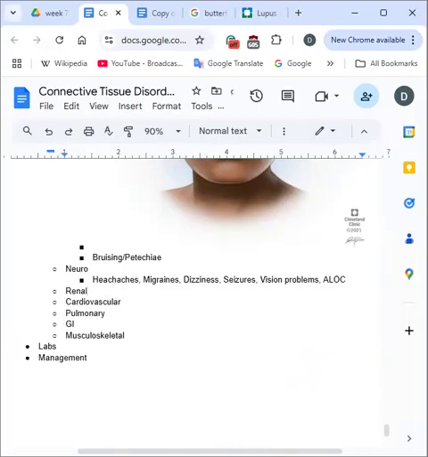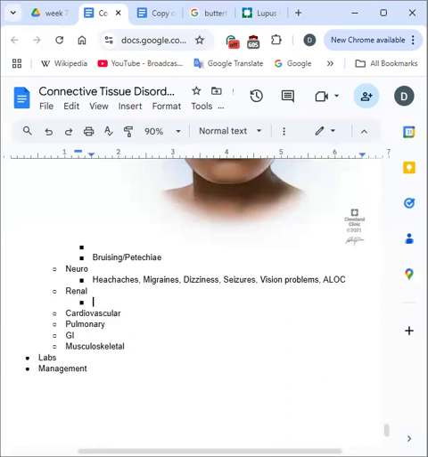Cool. So now let's try to get a simplified picture of what can happen with the renal system. We know that this is one of the main complications that causes death in this person, renal failure. So what would be some signs of renal impairment?